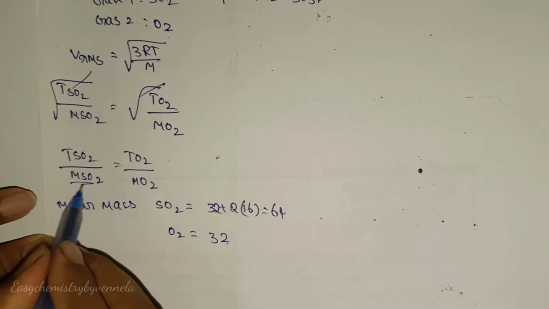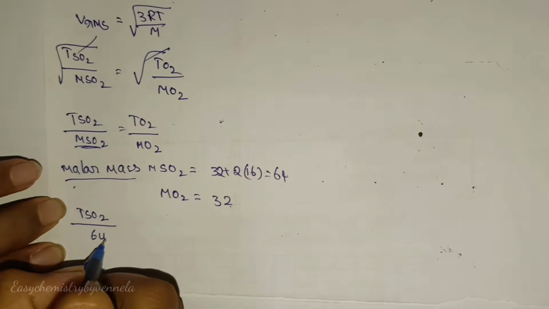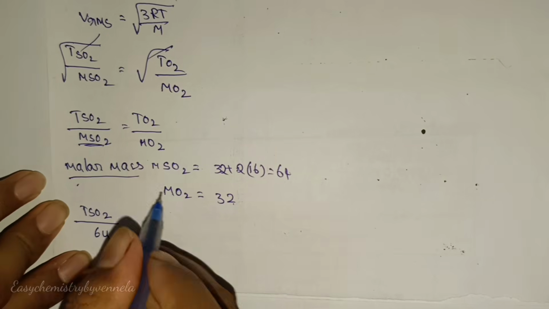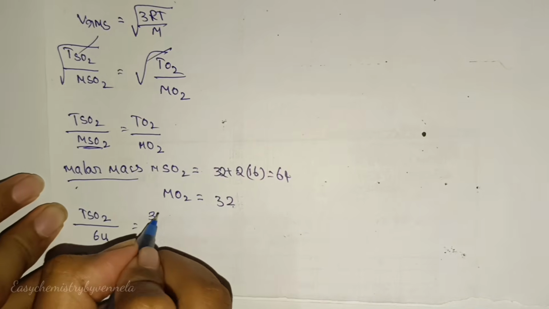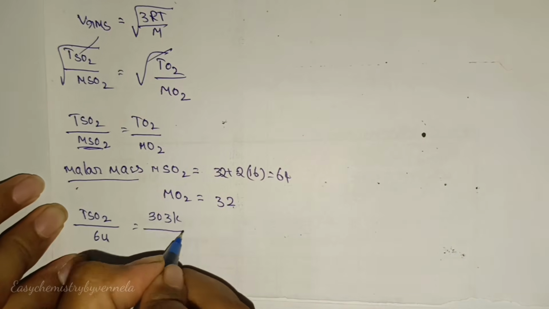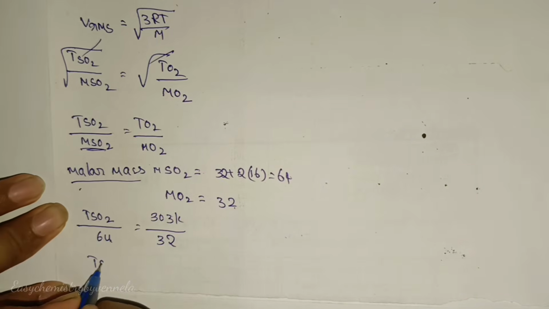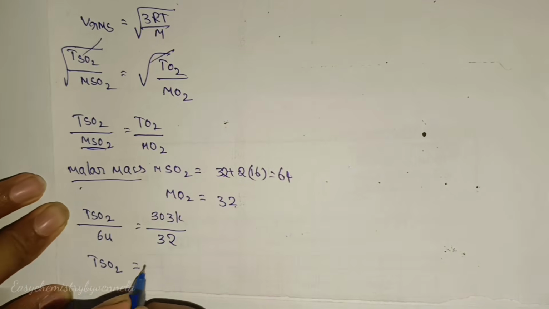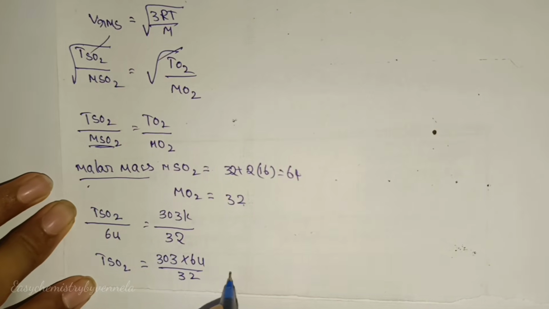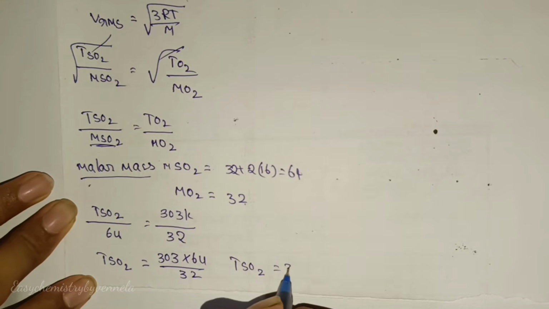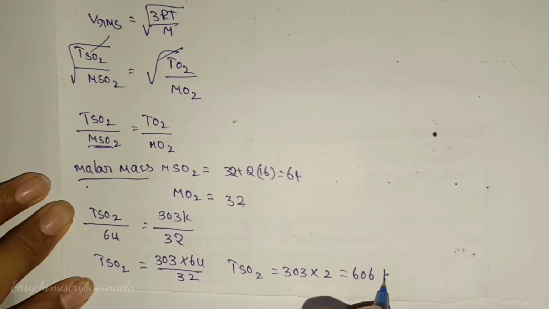T_SO2 by molar mass 64 is equal to T_O2, already given 303 Kelvin, by molar mass of O2, 32. T_SO2 is equal to 303 into 64 by 32, equal to 303 into 2, that is 606 Kelvin.